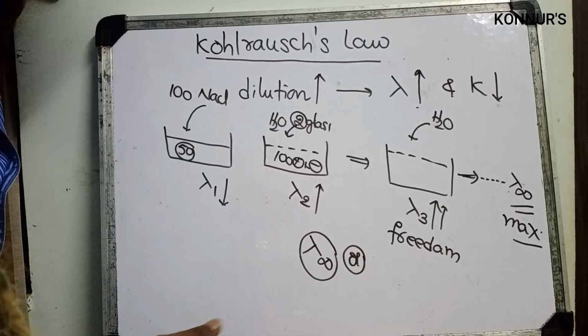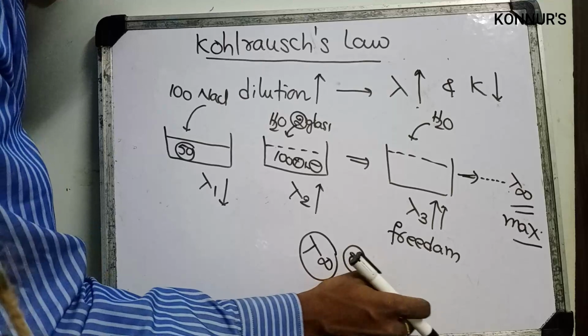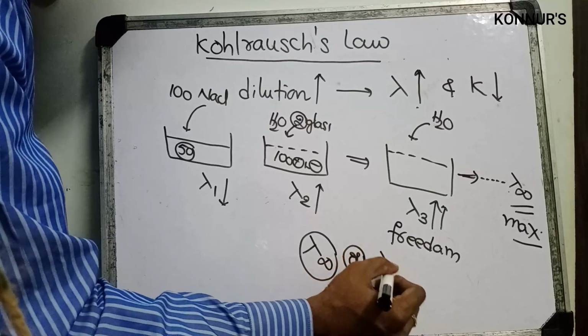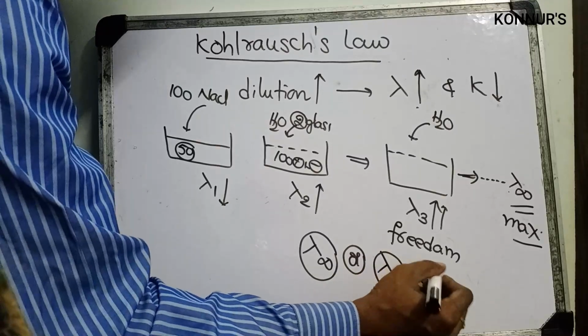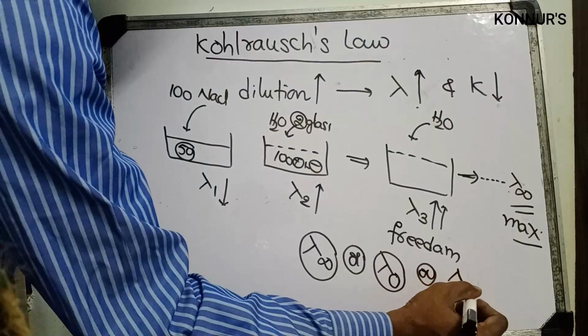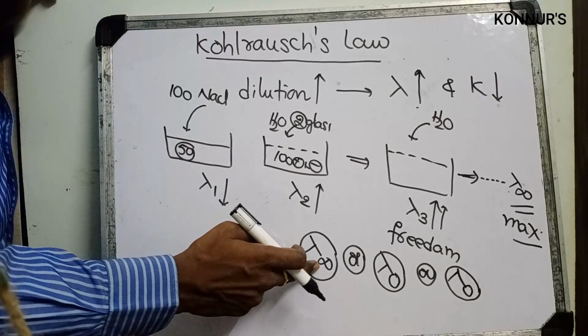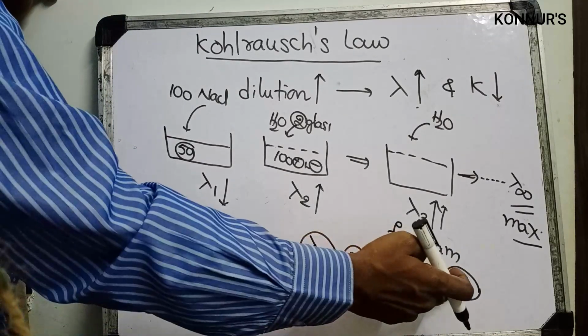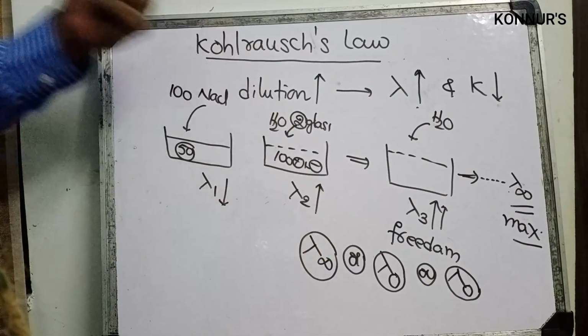In some books it is also called molar conductance, indicated with lambda 0, and some show it as a reverse V of 0. Don't get confused: lambda infinity is equal to lambda 0. This is going to explain the Kohlrausch law.